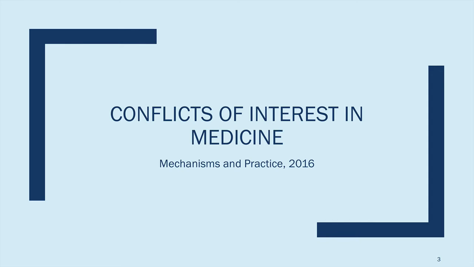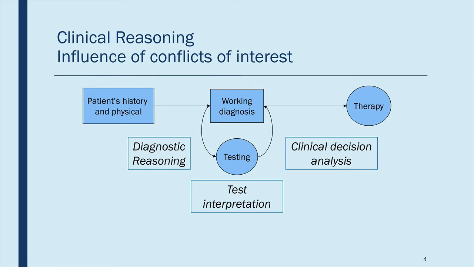Let's start our discussion with conflicts of interest in medicine. In the first session of Mechanisms in Practice in April, we focused on clinical reasoning, a composite of three key processes: diagnostic reasoning, clinical decision analysis, and test interpretation. We also went on to discuss that these processes were influenced by various cognitive biases which diminish the quality of our reasoning.